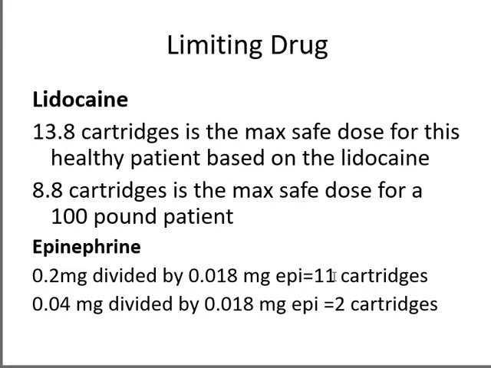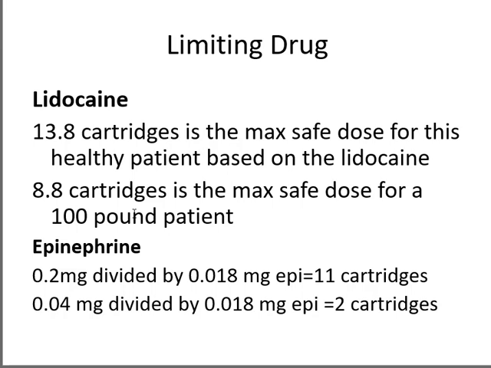Now, if the patient was 100 pounds and was healthy, they could receive 8.8 cartridges based on lidocaine and 11 cartridges based on epinephrine. So the limiter that we'll reach first here is the 8.8. So then the lidocaine becomes the limiting drug.